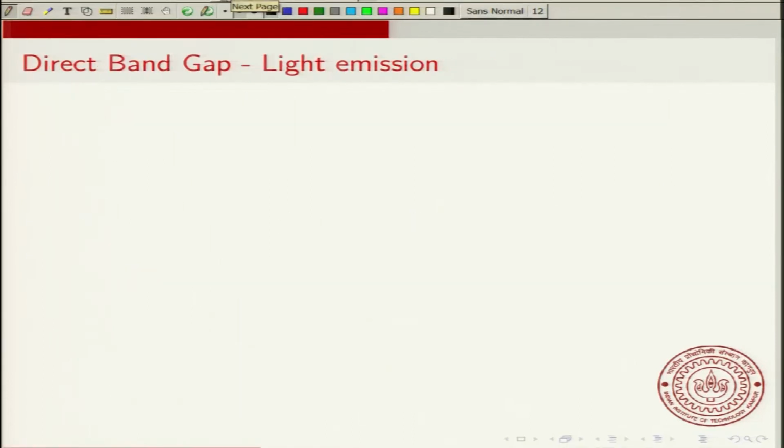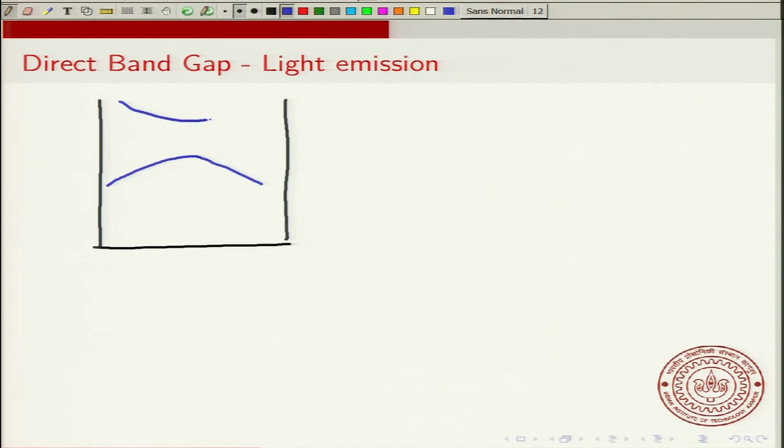That implies that if you have a material with a direct band gap, I will just focus on this part of the band structure, and if it were to make a transition from the bottom of the conduction band to the top of the valence band, then it would emit some light.